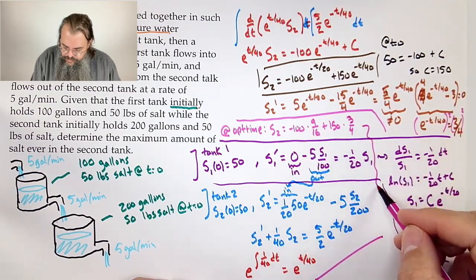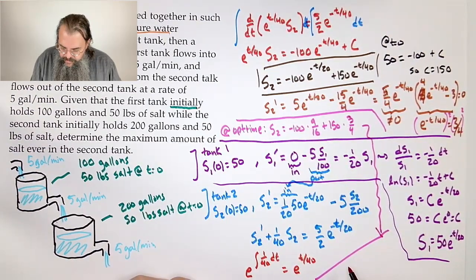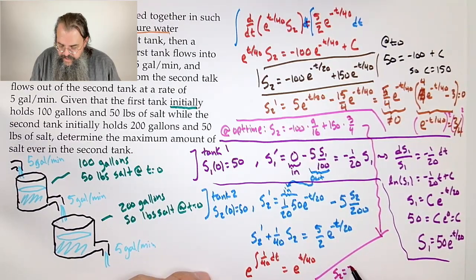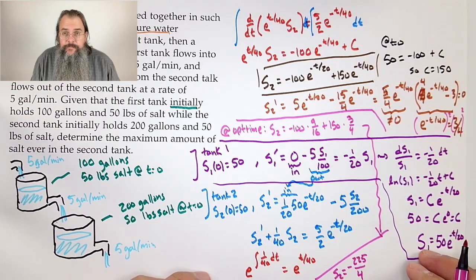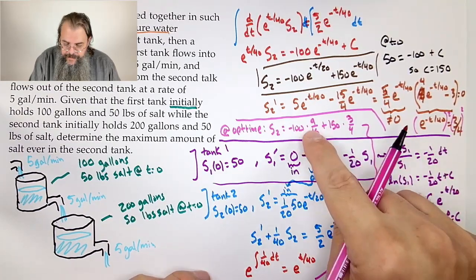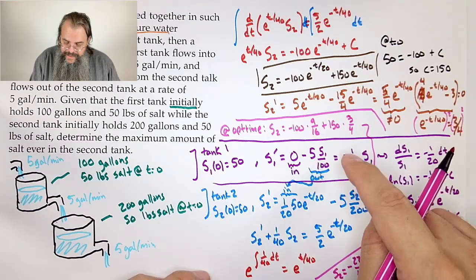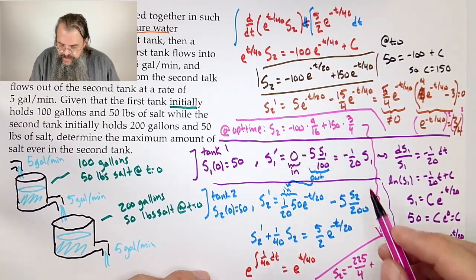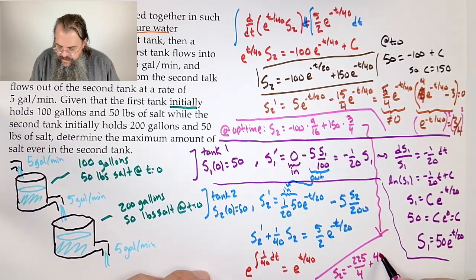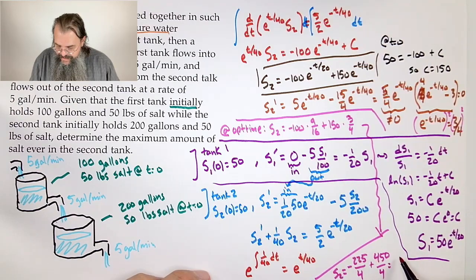So we have S2 equals minus 225 over 4, that's the first term, and then plus 450 over 4, which means our final answer, these are pretty easy to combine, is 225 over 4.